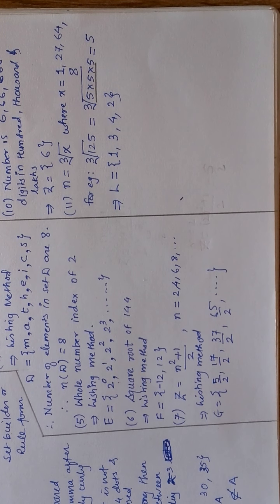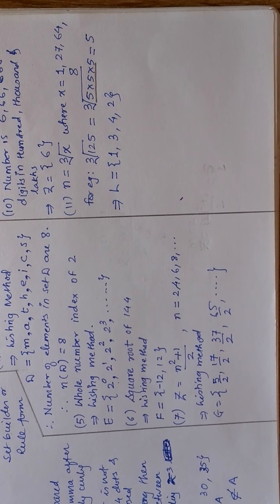Now, got the answer? See what I am telling you. Cube of a number means multiplying the same number that many times, that is 3 times. So 2 cube means 2 into 2 into 2, which is 8. What is minus 2 cube? Minus 2 cube is minus 2 into minus 2 into minus 2.